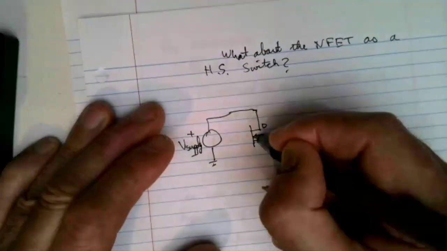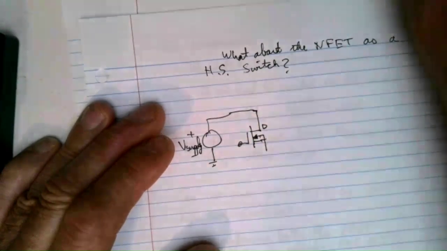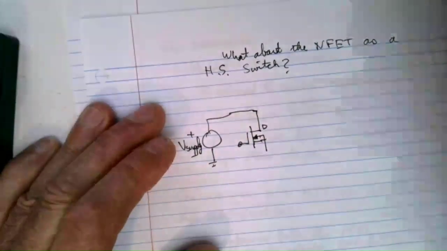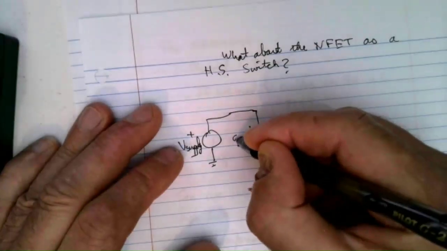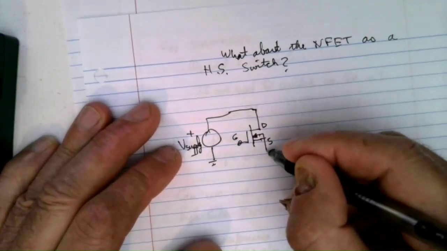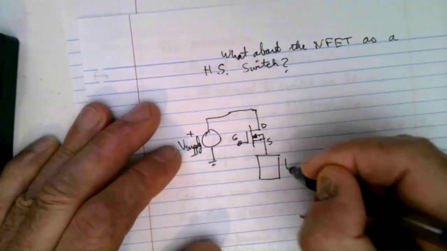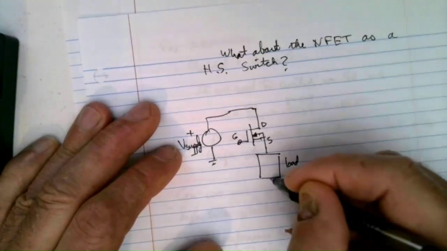Arrow points in, here's the gate, and so we label these gate, drain, source, and then the load is going to be down here to ground.